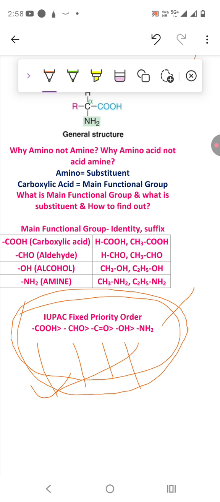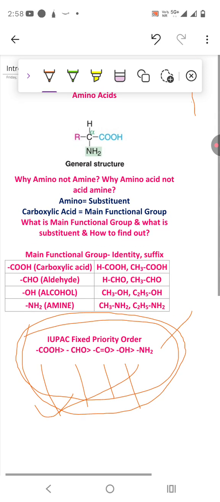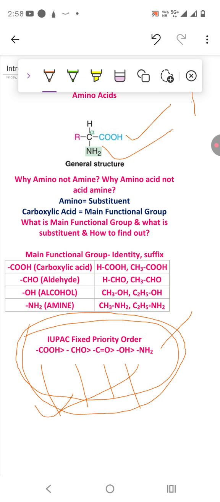It will be present as a suffix, just like here in amino acid. In amino acid, there is a carboxylic acid and there is an amine. But carboxylic acid comes first, so carboxylic acid is present as the suffix. Acid is the last, suffix: amino acid. And that amine comes last in the IUPAC fixed priority order.